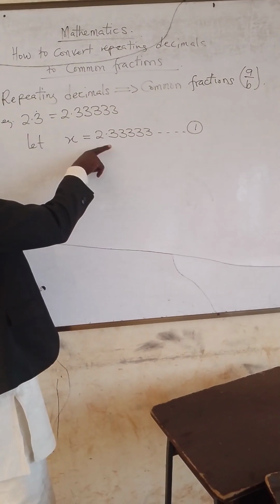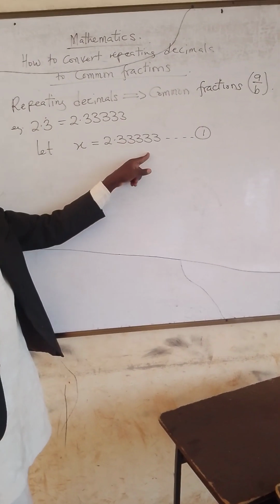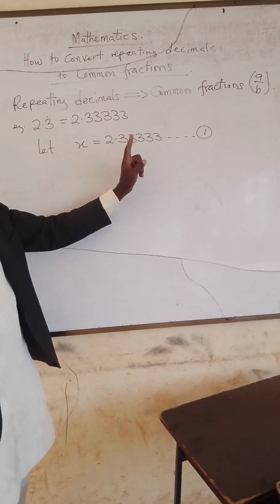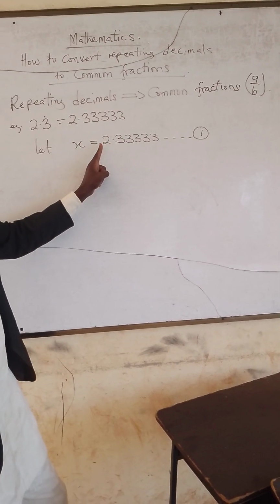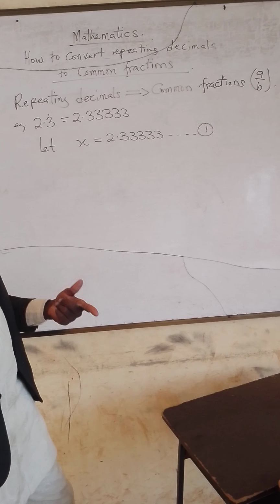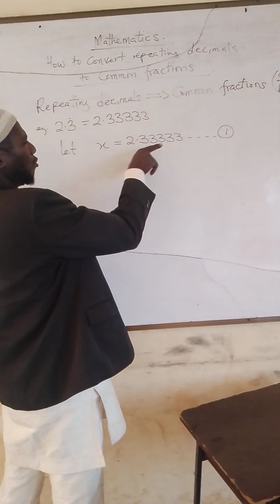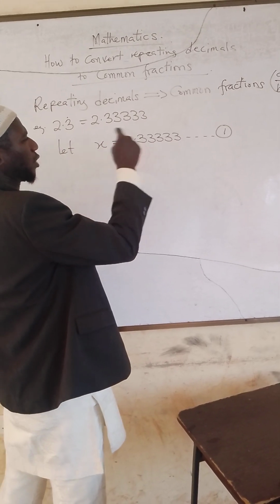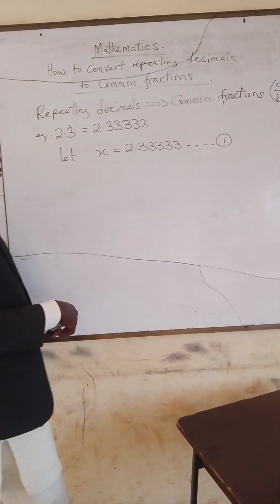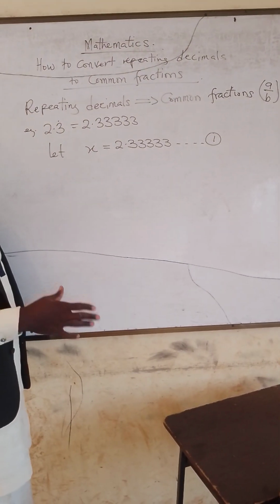So looking at equation 1, what is repeating is only found after the decimal point. So we're going to ensure that what is repeating moves before the decimal point, and it goes just like that after the decimal point again. In doing that, there's a number we can multiply by this decimal so that the repeating decimal will move to before the decimal point, and after the decimal point it still remains.